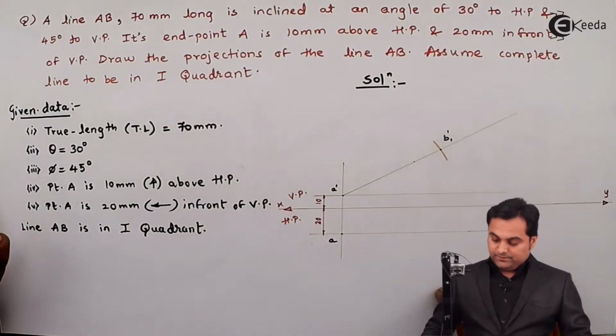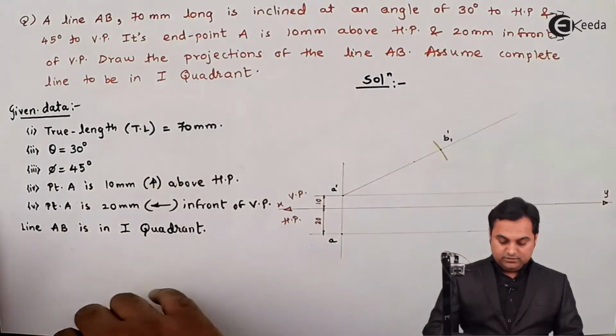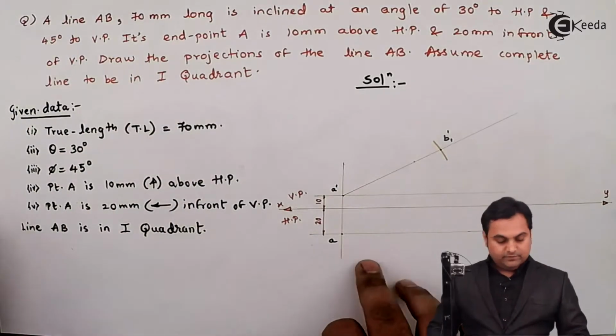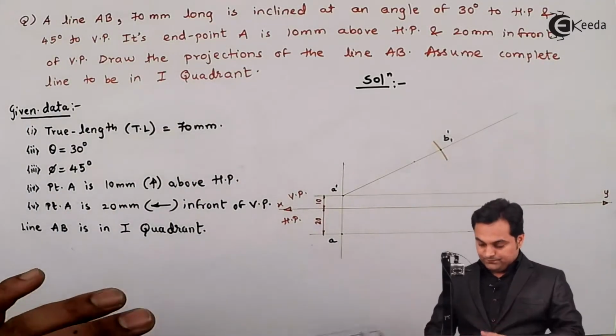Next, similarly, I'll measure the angle with respect to VP, that is 45 degree with VP, that will be seen in HP.